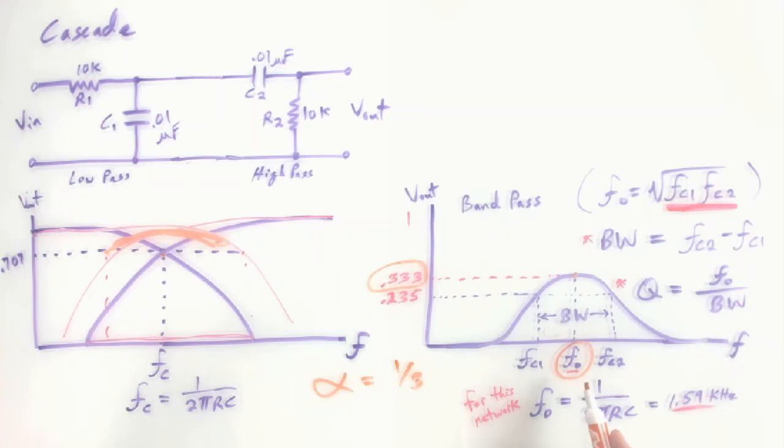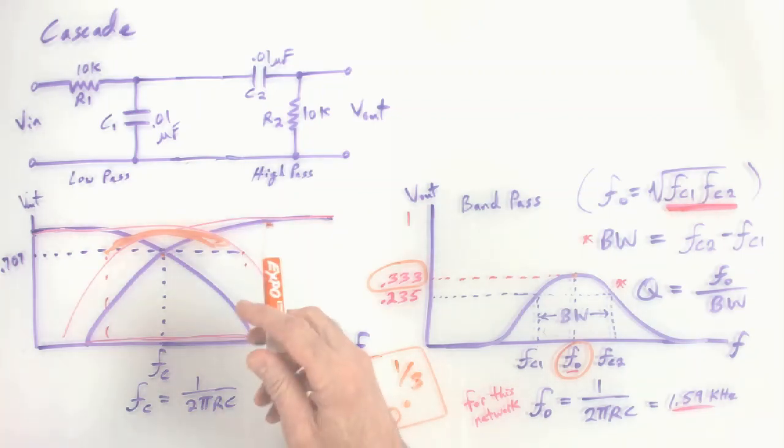The other thing about the center frequency is it's the only frequency where there's no phase shift from input to output. So the phase angle input to output is 0 degrees at this center frequency. Those two things are really important.